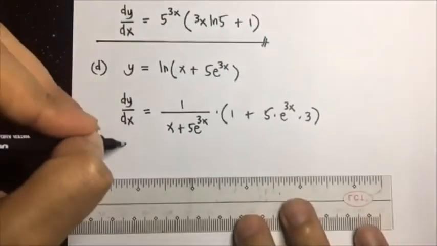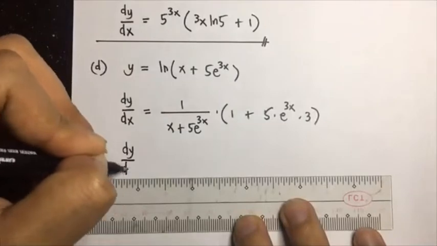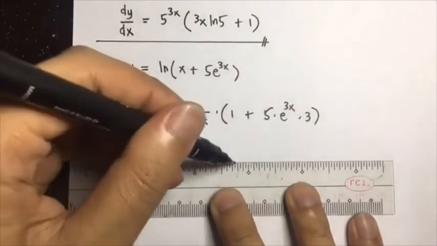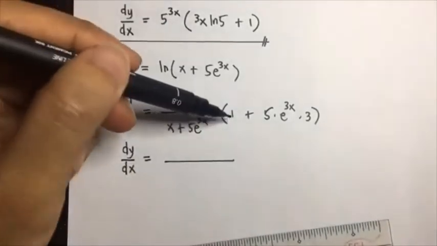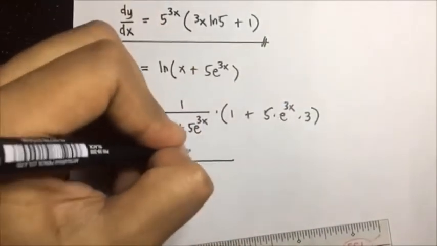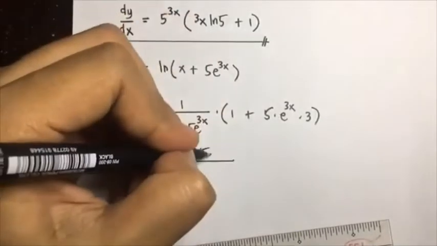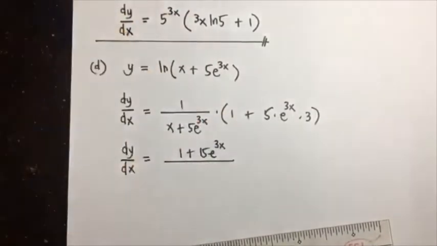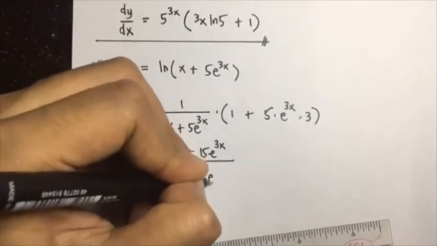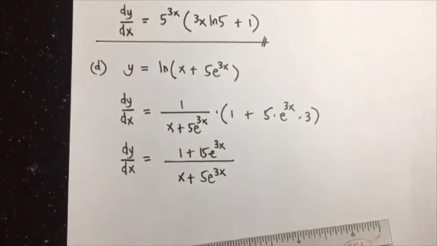Therefore dy over dx is equal to, simplifying, 1 plus 3 times 5, that is 15. So (1 plus 15 e raised to 3x) over (x plus 5 e raised to 3x).